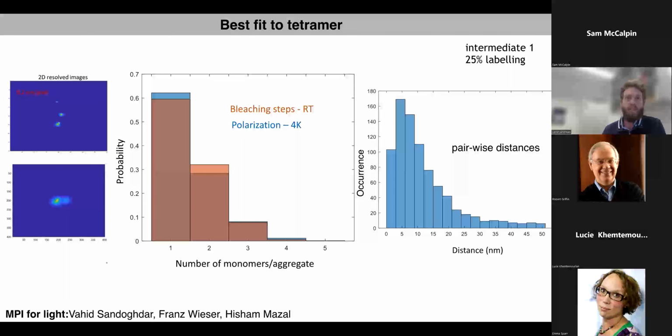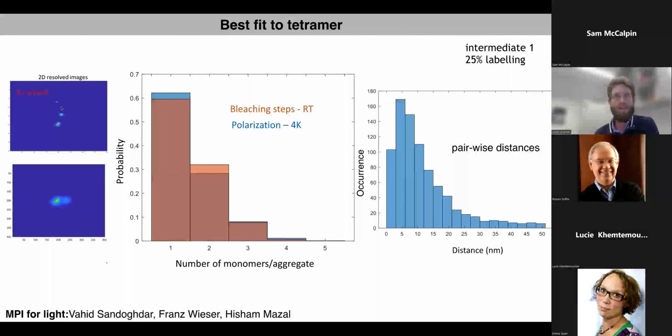The second method is called cold, and this relies on the fact that different dyes have different orientations, and the polarization of light that's recovered can then be used to distinguish one dye from another, even though they're very close together.